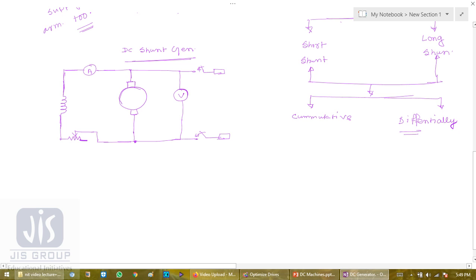So this is again a double pole single throw switch with fuse, and this is connected with the load.